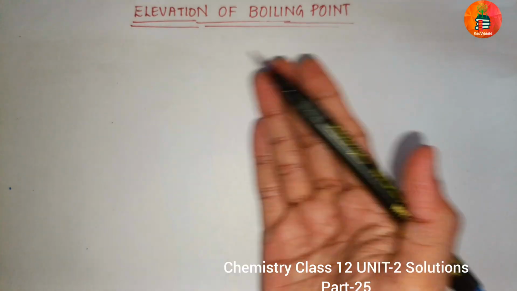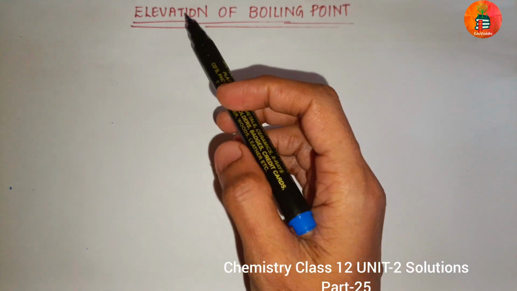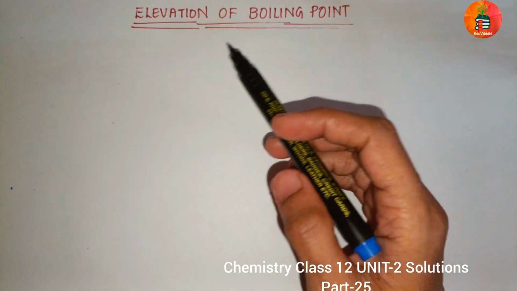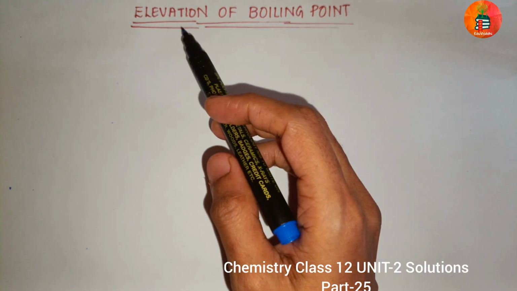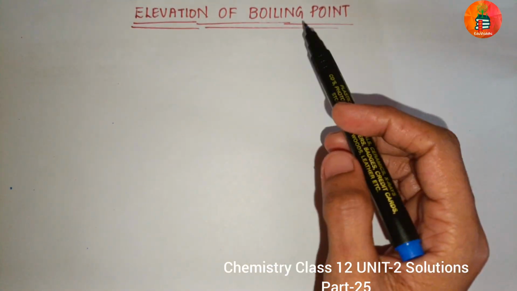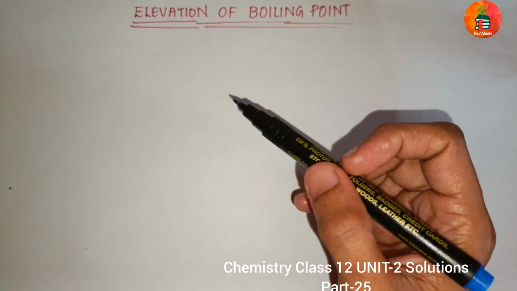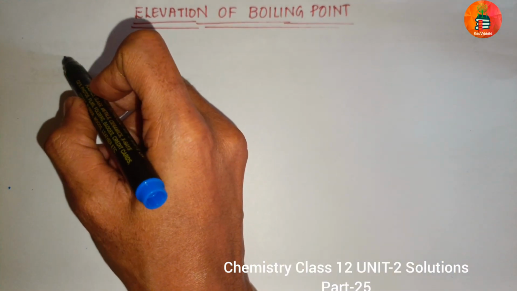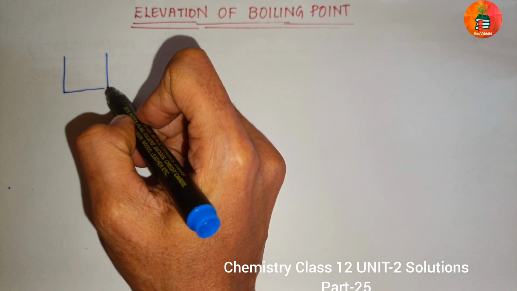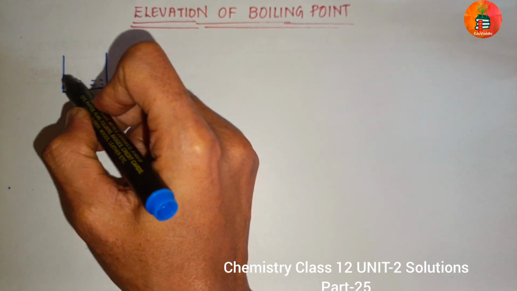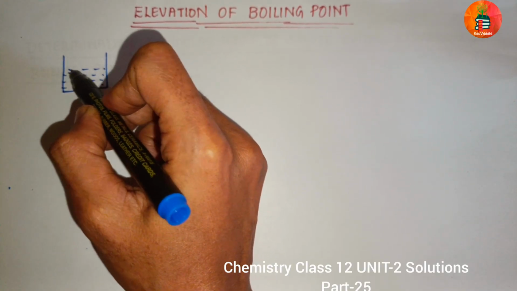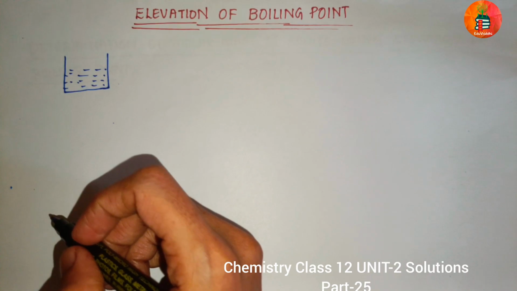So we will study this colligative property by looking at each of these words. What is boiling point? First, let me take the term boiling point. If you take any pure liquid, what is the boiling point for that liquid?